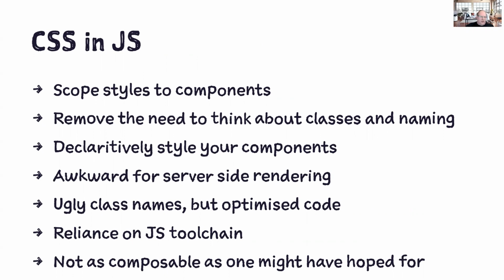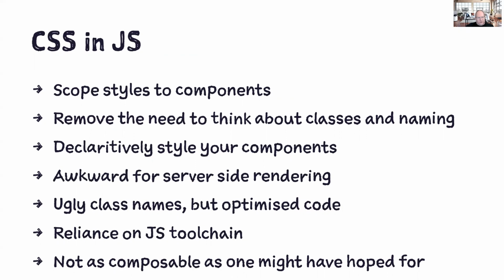So in JavaScript land, CSS and JS, so styled components, you might have heard of all the different ones, there's probably a dozen different ones. The idea was to scope your styles and declare what they look like inside a component. And so we just looked at what components look like in Rails land.